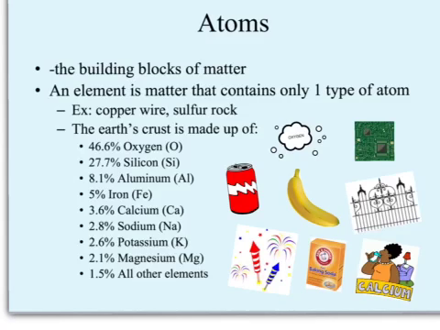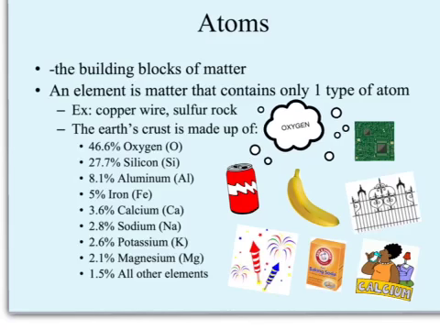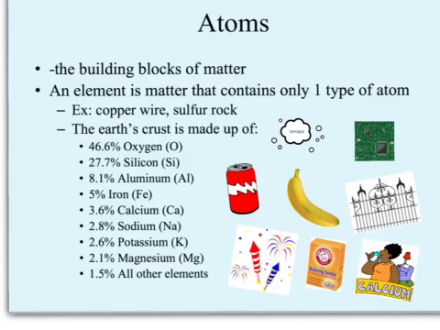The Earth's crust is made up of 8 main elements. There are 92 common elements, but the crust is mostly made up of just 8 of those. And if you look at them, 46.6% of the crust is made up of oxygen. Yeah, the stuff you breathe. Although this oxygen is not going to be in gas form.